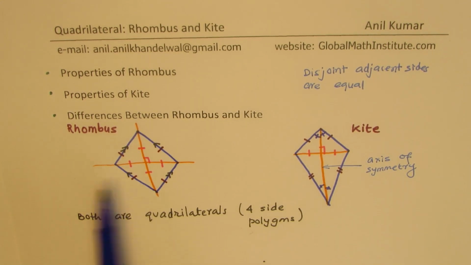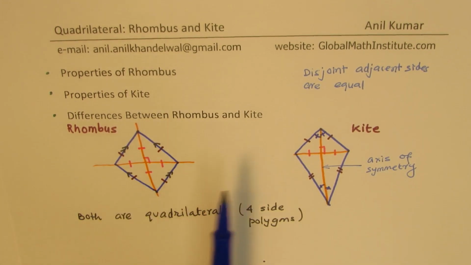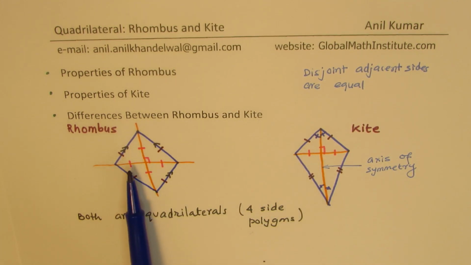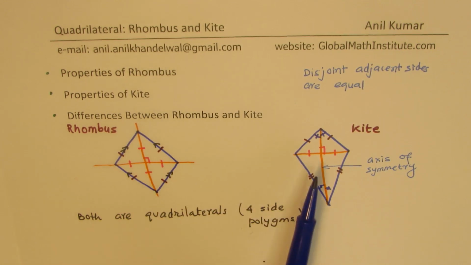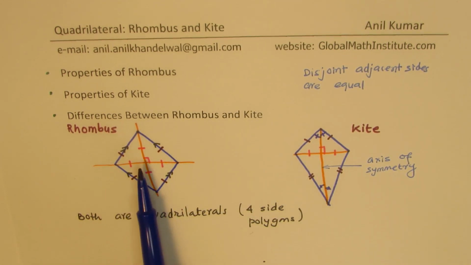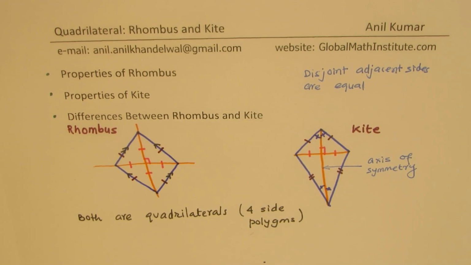So you can see how the diagonals are related. They do meet at a right angle, as we are seeing here. However, only one side is bisected. Here both the sides are bisected, as shown here. Correct? Now I hope you got a fairly good idea about both the shapes.